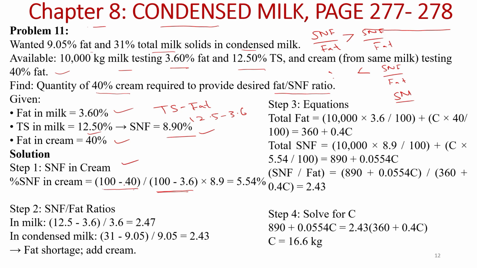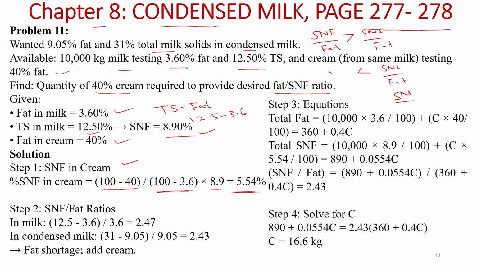So the ratio of these two, that is the non-fat portion in cream divided by the non-fat portion in milk, will be equal to the SNF ratio of cream and milk. The percentage SNF in cream can be calculated by 100 minus 40 divided by 100 minus 3.6 into 8.9, where 8.9 is the SNF in milk. That is equal to SNF in cream coming to 5.4454%, because obviously the SNF percentage in cream will be lower as there is 40% fat in it, so the SNF portion will be lower as compared to that in milk.